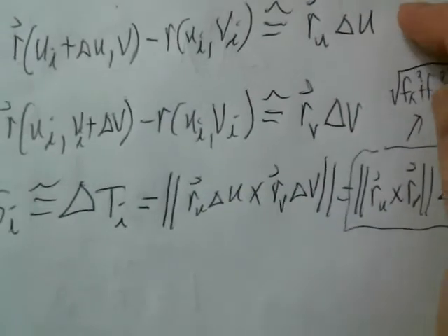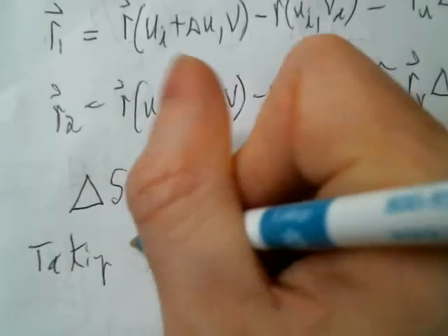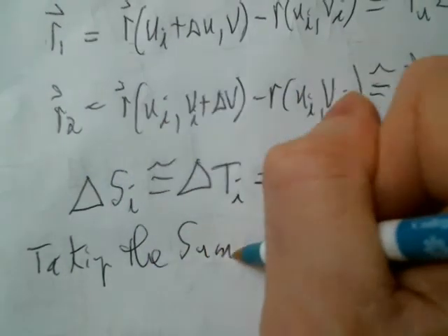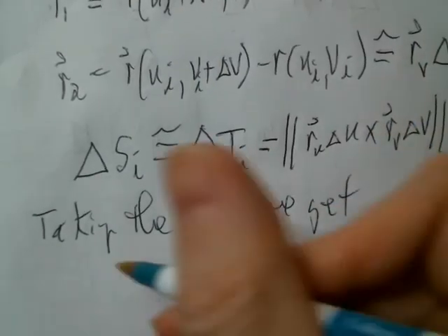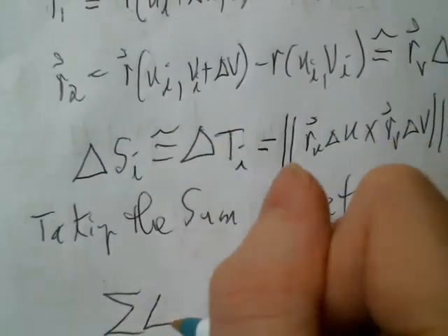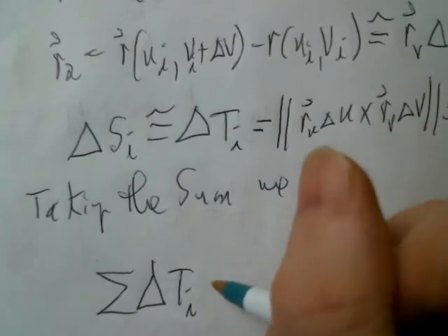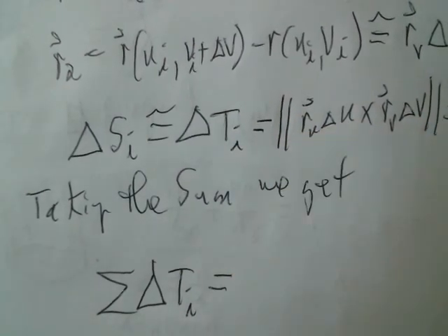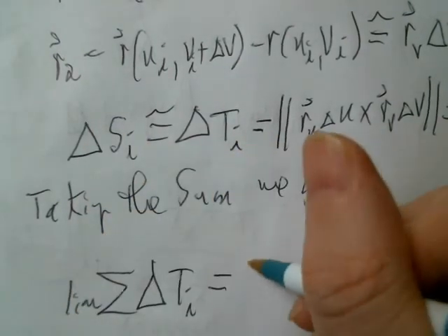Okay, so when we take the sum of these things, we get this sum of these tangent planes, and then if you take the limit, we'll get our integral.